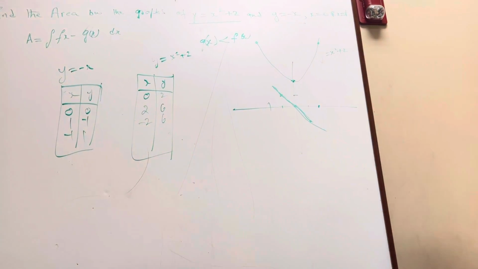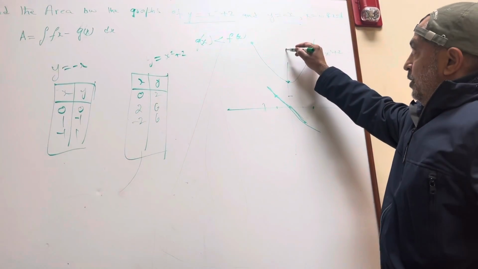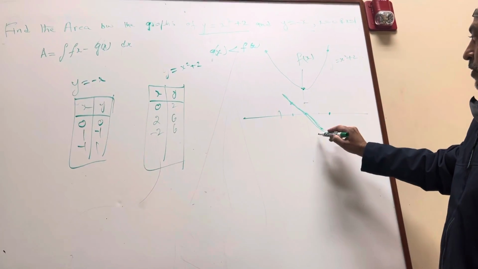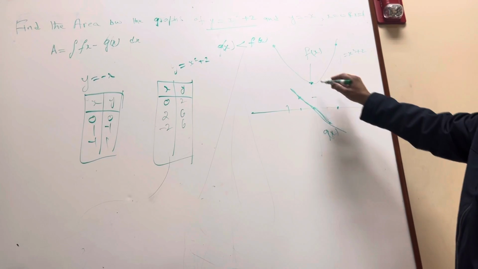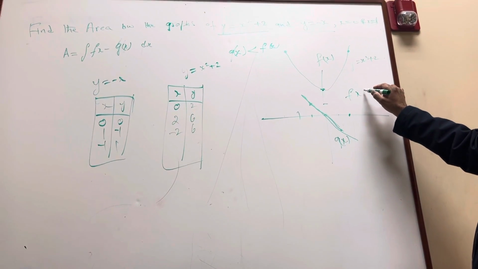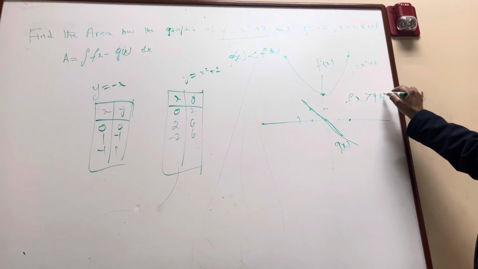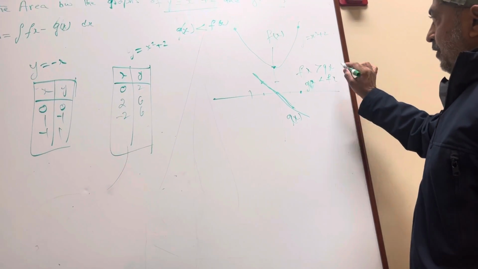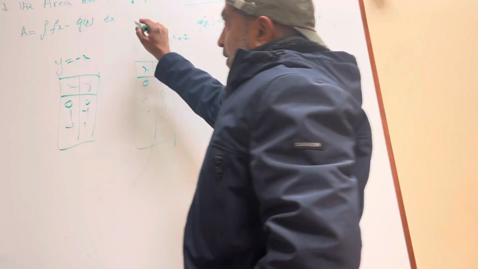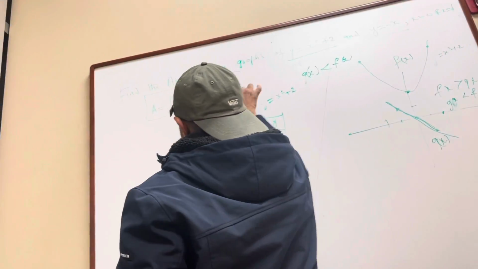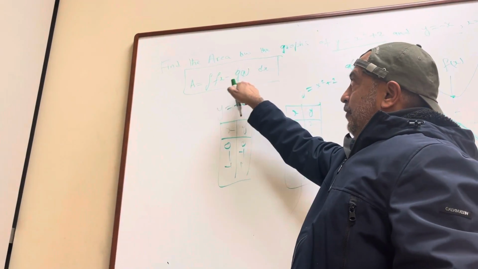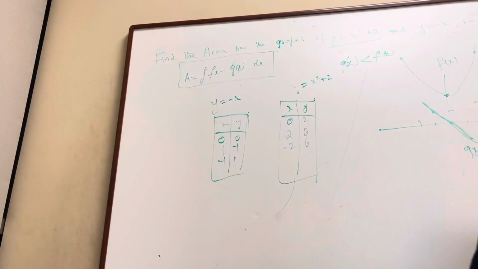So we are trying to find the area between these. This function is called, let's say, f of x, and this function we denote by g of x. So definitely f of x is greater than g of x, or we can say g of x is less than f of x. So the formula which we will be using is: area will be the integral of f of x minus g of x dx.